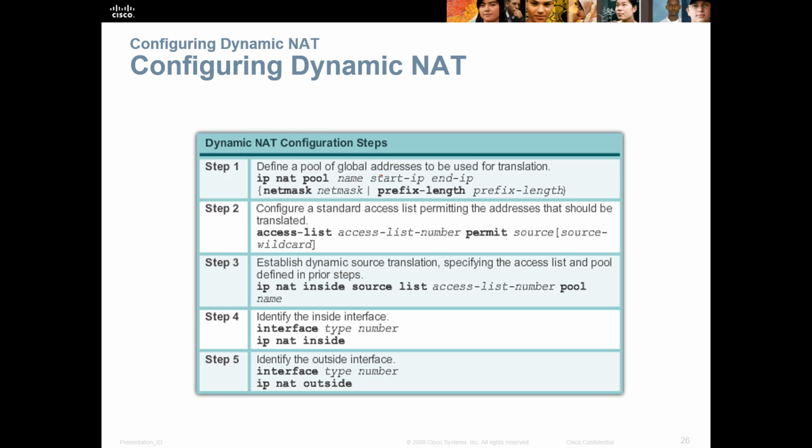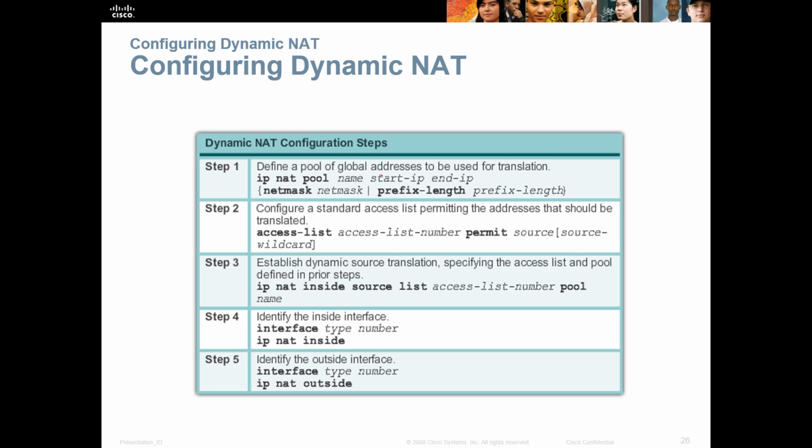For the basic configuration of dynamic NAT, define a pool, and for that you'll do ip nat pool, the name, the start and end range, and the mask or prefix length. You'll configure an ACL permitting the addresses that should be translated.